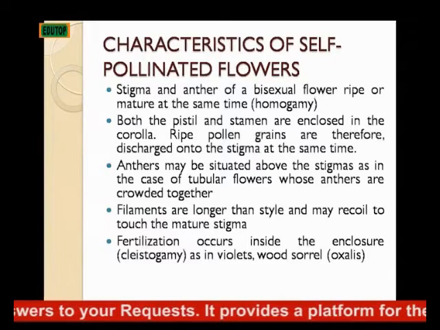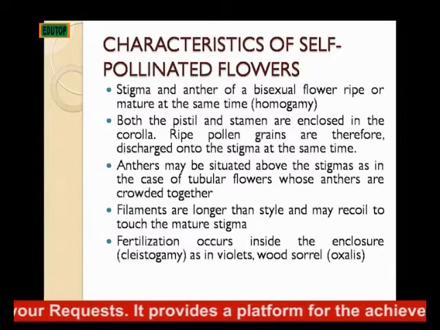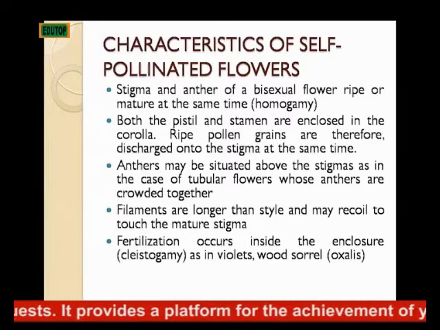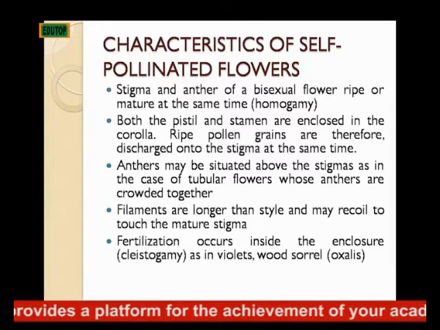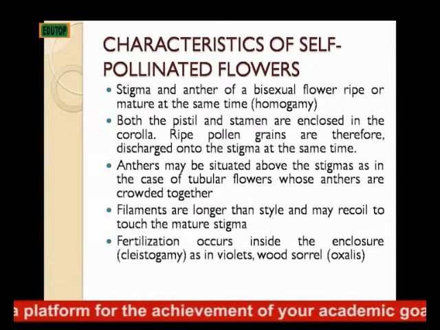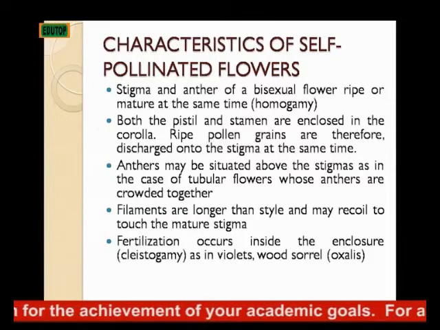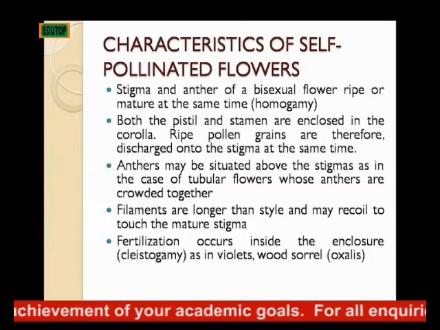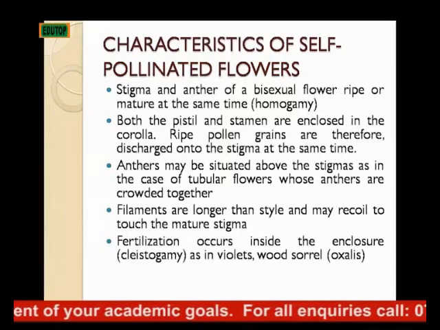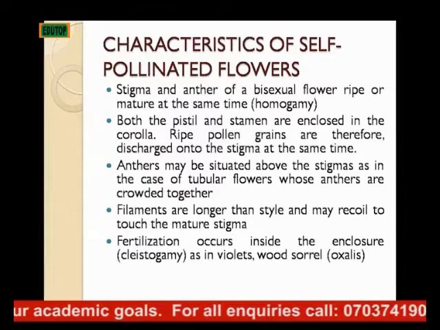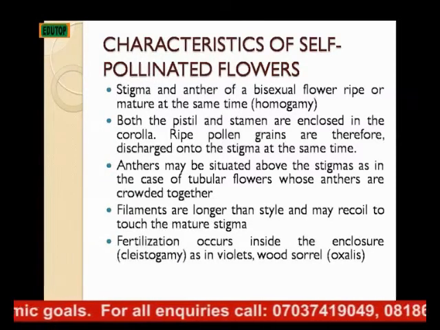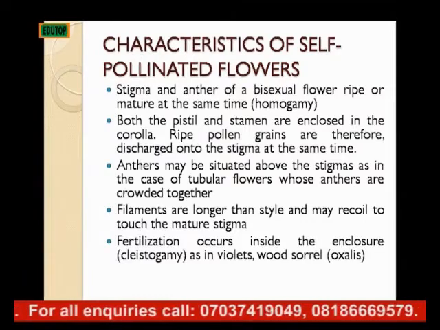Then the anthers may be situated above the stigma. When the anther is above and the stigma is below, the pollen grain can easily fall down on the stigma. Another thing is that when the anther is situated above the stigma, as in the case of tubular flowers, whose anthers are crowded together, it is easy for self-pollination to happen.